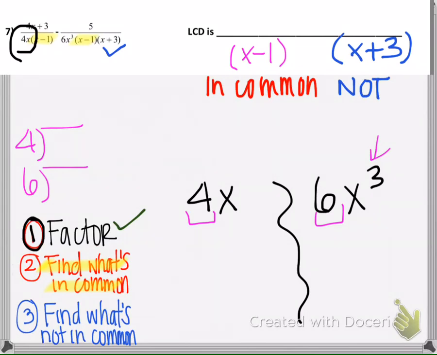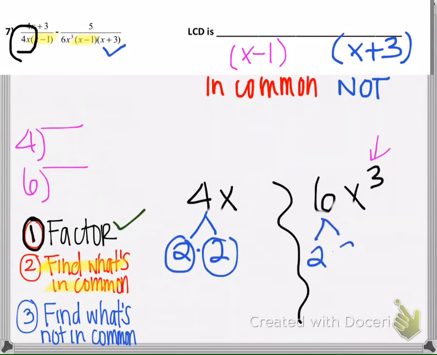Now, let's make it visual and see how to get 12x cubed by writing it out as prime factors here. Here we have an x, and here we have 3. So let's go ahead and search for what's in common.